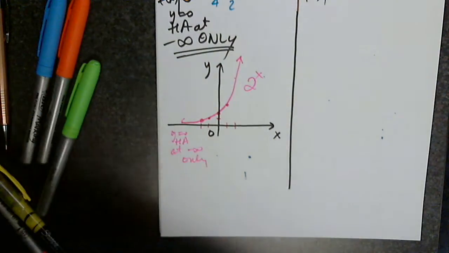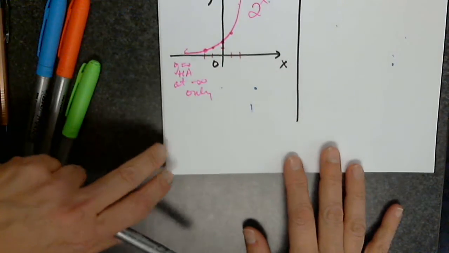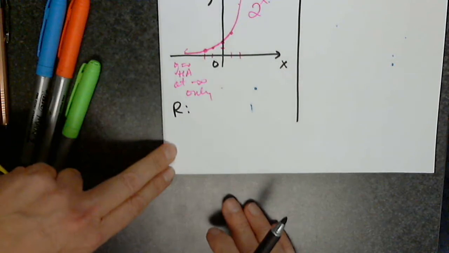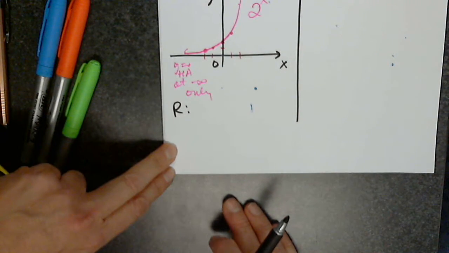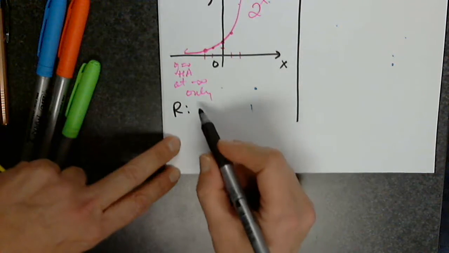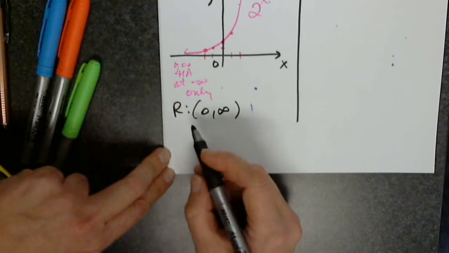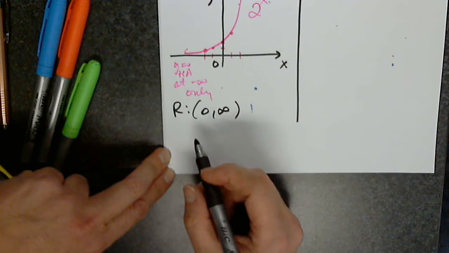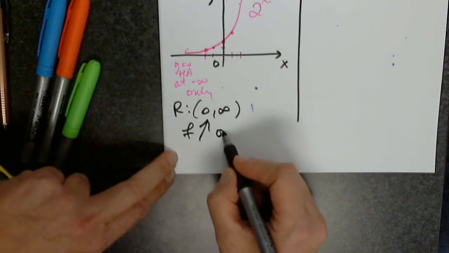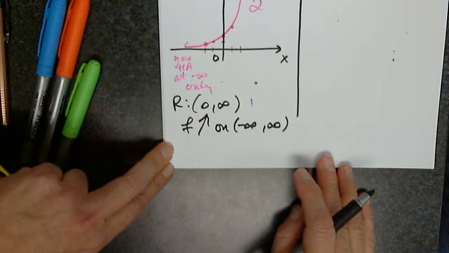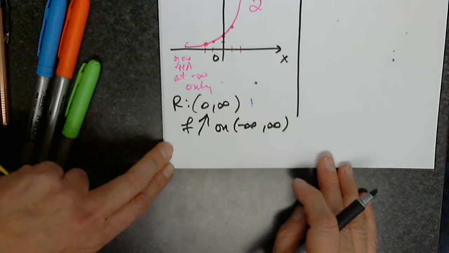Okay. Now, what can you say about this function other than domain? Range. What is the range? Excellent. Is this function increasing or decreasing on all its domain? Is it 1-to-1?